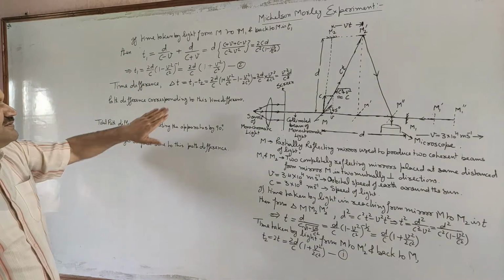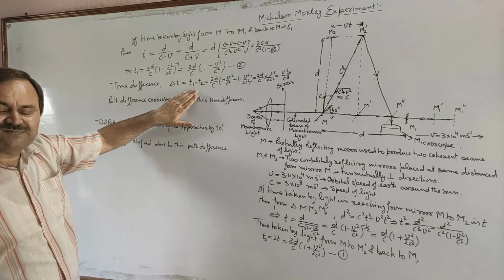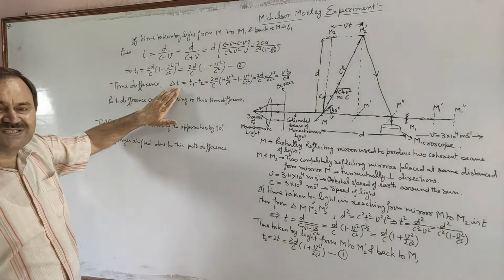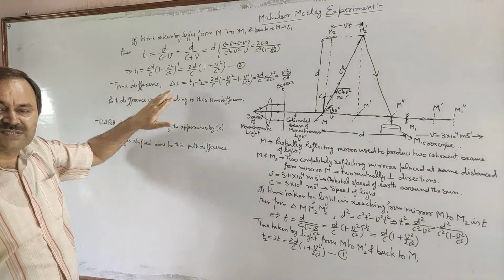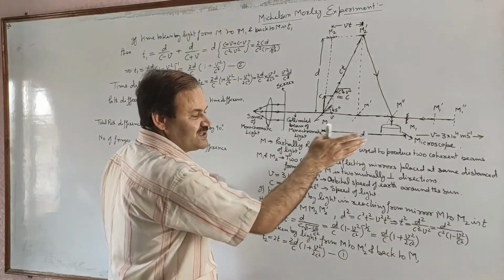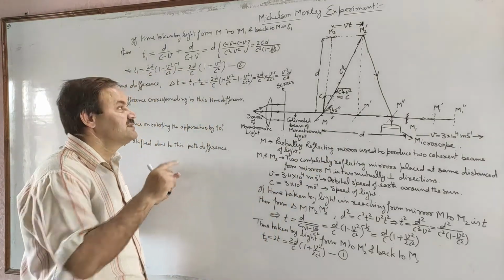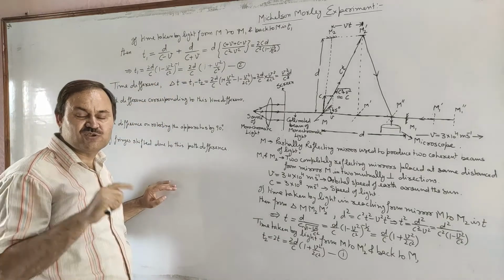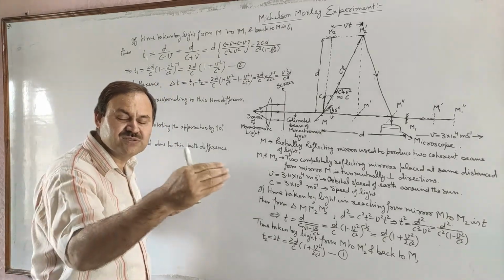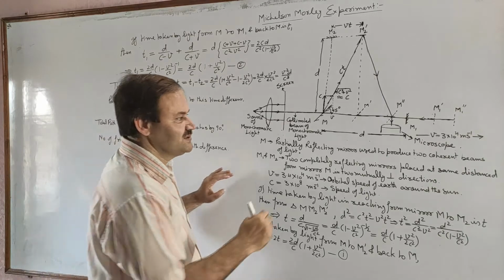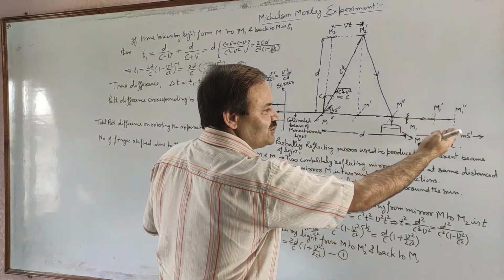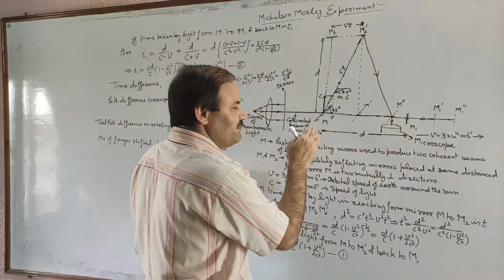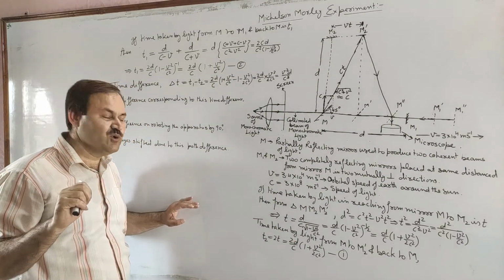Now we will determine the path difference corresponding to this time difference. As the time along the direction of motion of earth, that is T1, is more, the path length along the direction of motion of earth, meaning from M to M1 and then back, should be more.